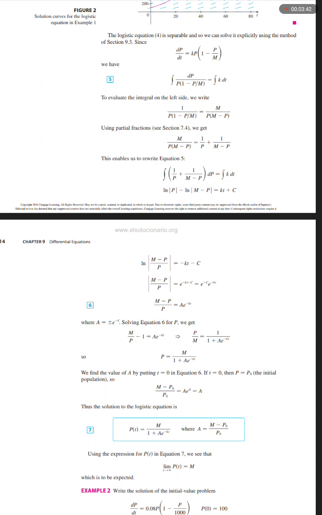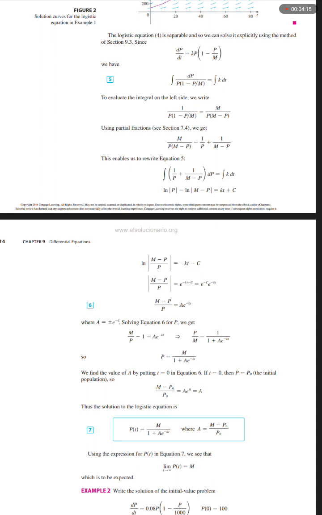To evaluate the integral on the left side, we write 1 over P(1 minus P over M) equals M over P(M minus P).